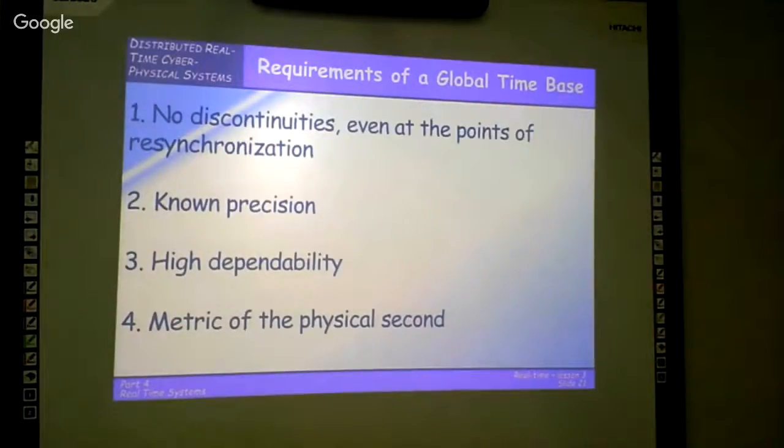So this is what we have in front of us, and here are the requirements for a sound, good global time base. A global time base has to have no discontinuities, so it must really be a continuous line, even at the points of resynchronization. What does it mean? Even if I have an imperfect clock, I am a human, I have human-made stuff, they are imperfect.